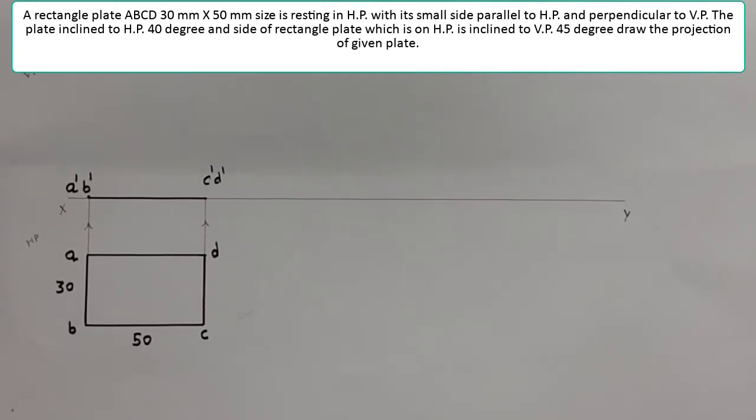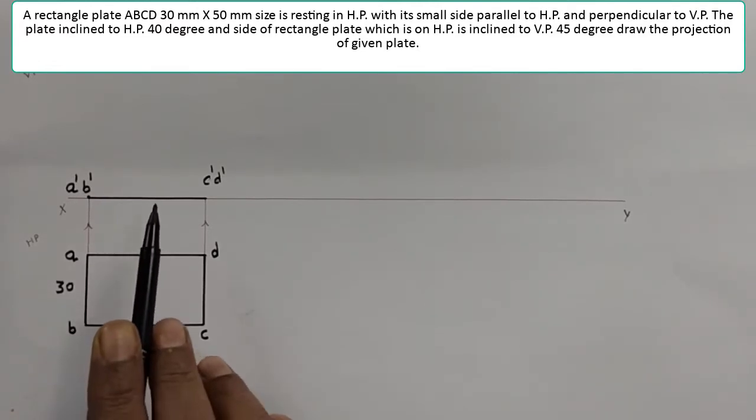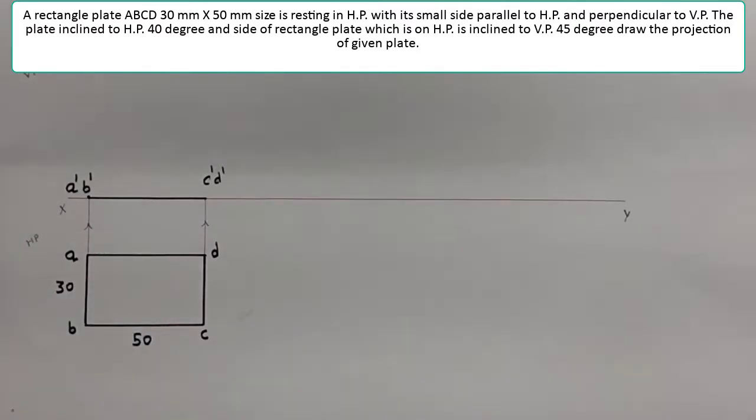So in our stage number 1, the rectangular plate on HP, the top view is always the true shape of the plate, and the elevation is the line.